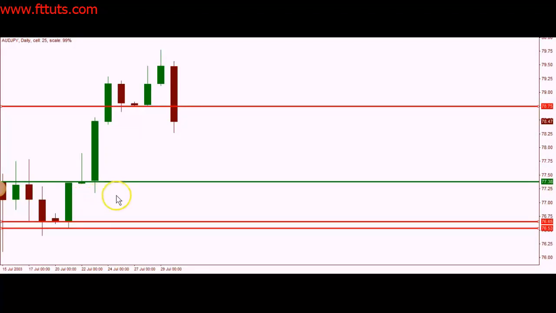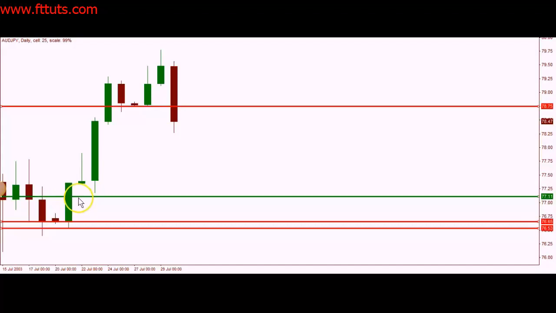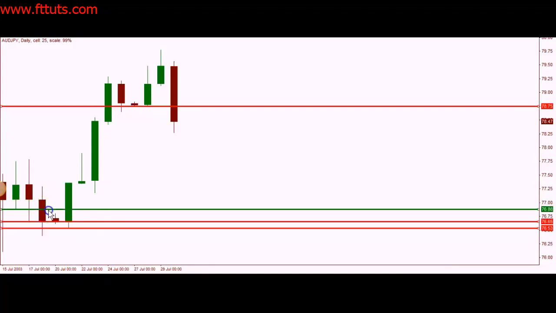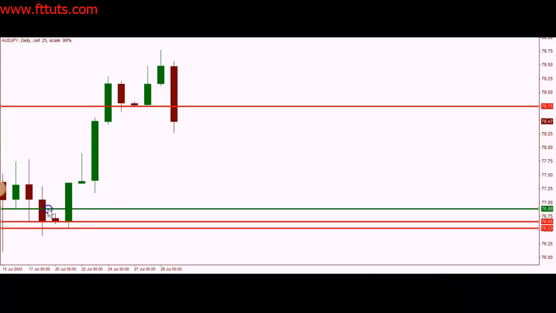So no matter where this candle closes, say my green line here is the close of this candle here. If that candle closed here, I would have taken the trade. But the safest trade with more higher probability is to get above this level with a close. But the higher up into this body that the close is, the higher the probability.